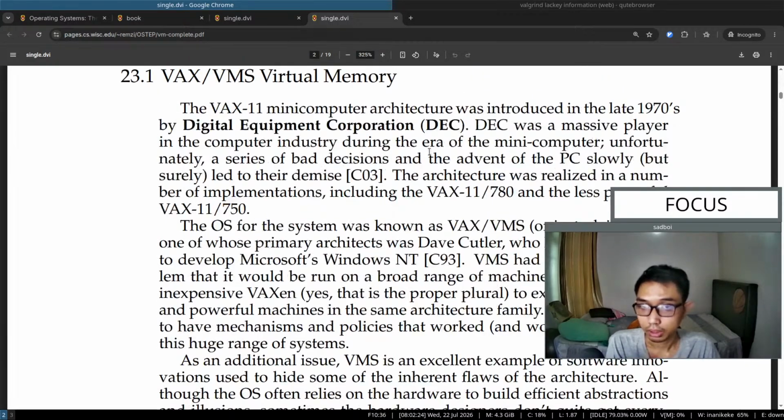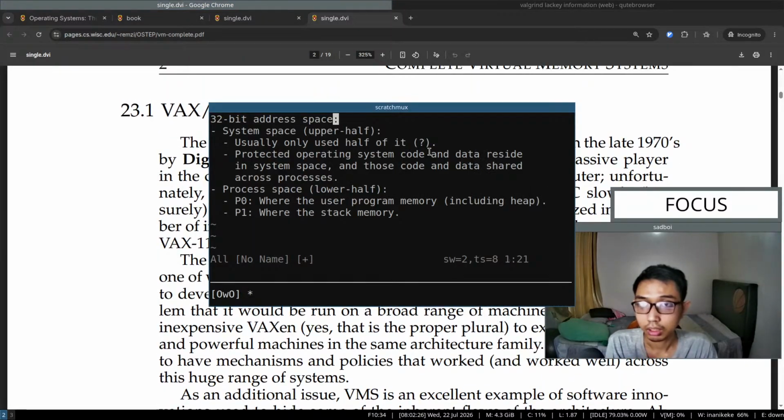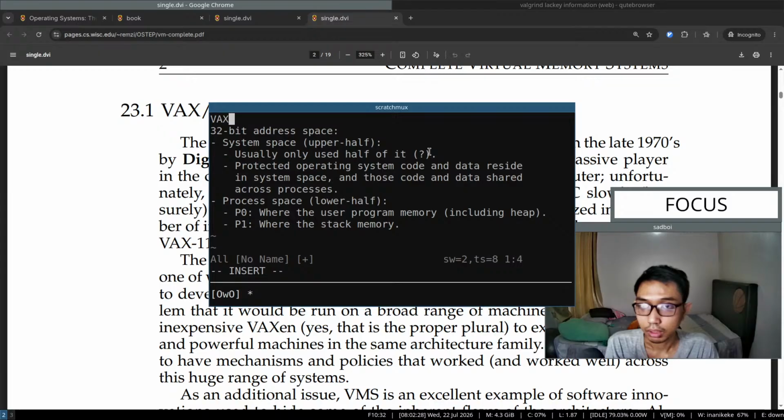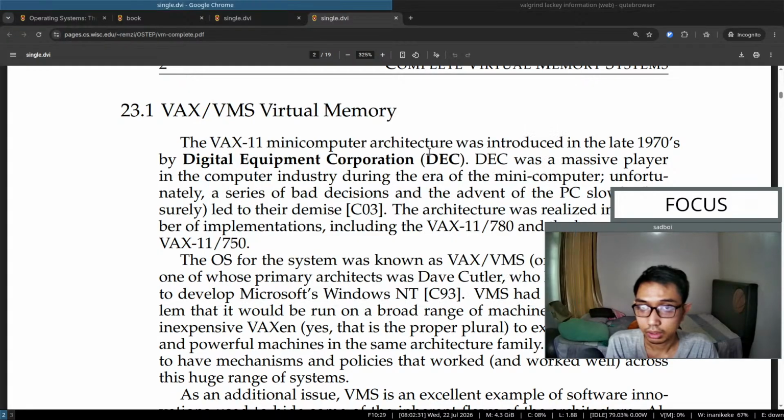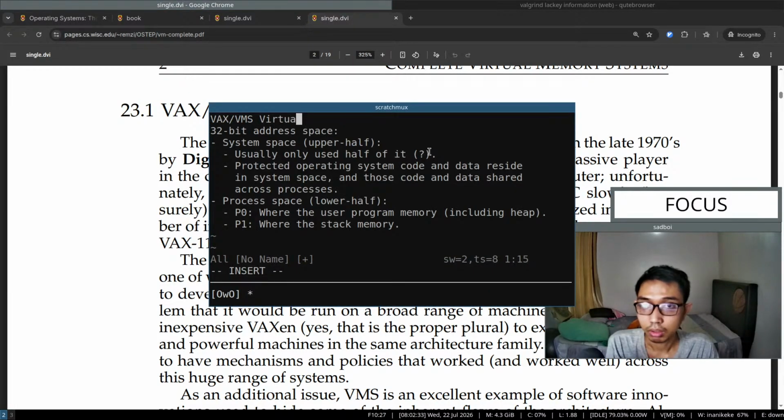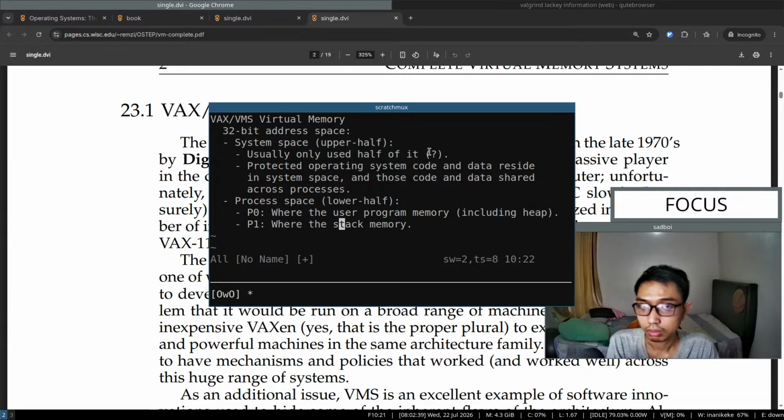Okay, let me write VAX/VMS virtual memory, something like this.